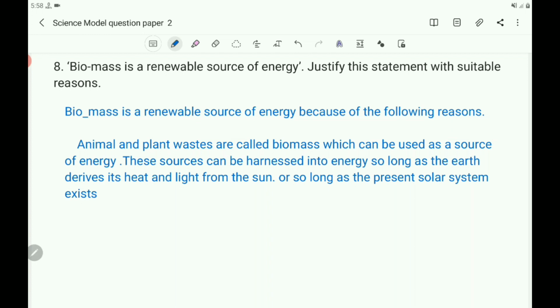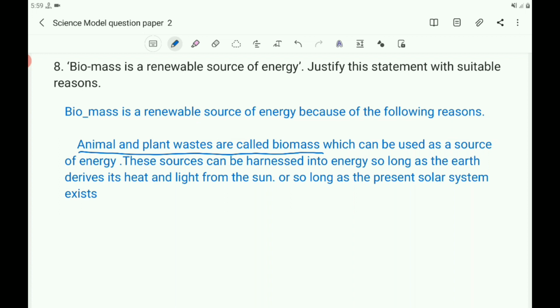So you write the answer. Biomass is a renewable source of energy because of the following reasons. What is biomass? Animal and plant wastes are called biomass, which can be used as a source of energy.